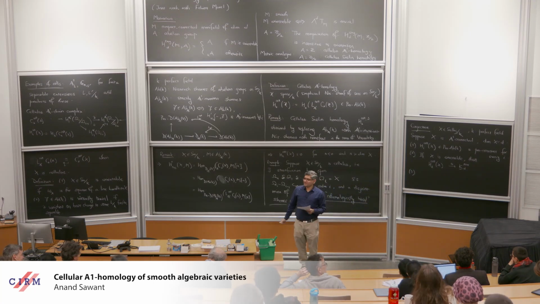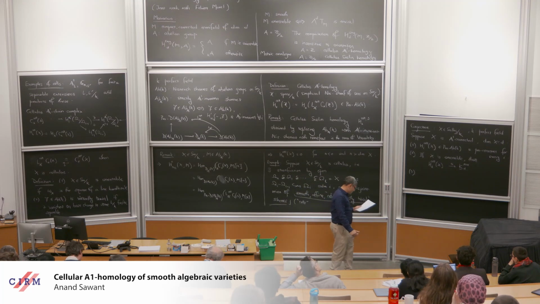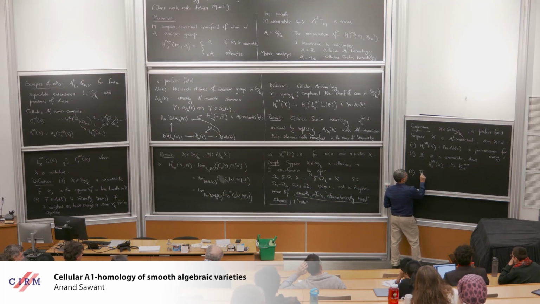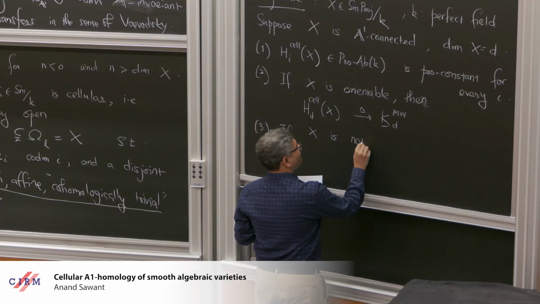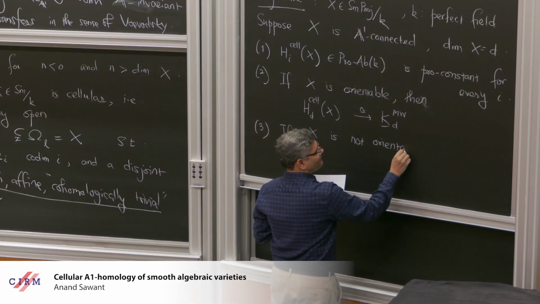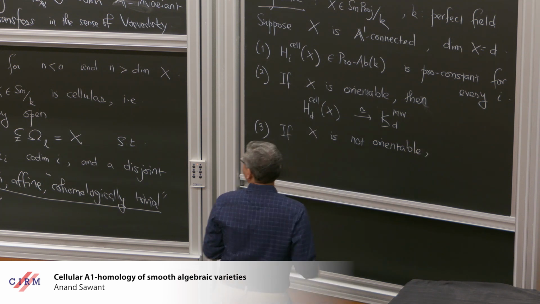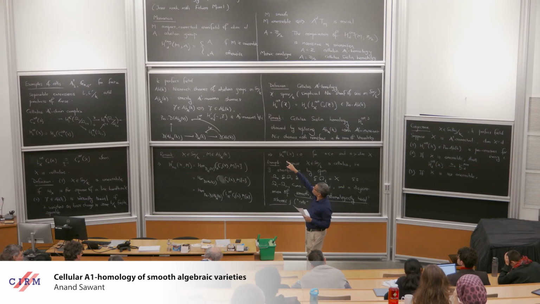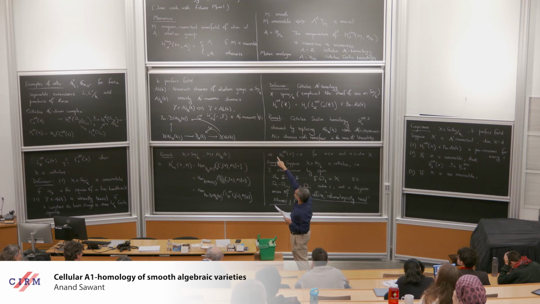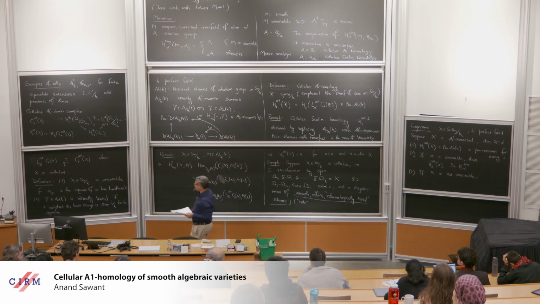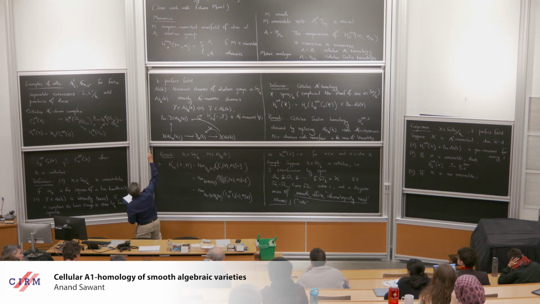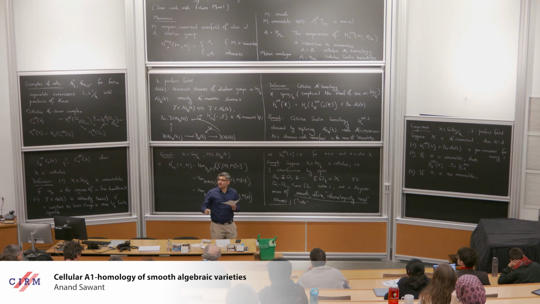So let me say what happens in the non-orientable case. If X is not orientable, then we want to say that the top cellular homology is, so that's why I wrote that version for an arbitrary abelian group, to indicate that it's 2-torsion. The analog of 2 will be eta in A1 homotopy theory, and I would like to say that the sheaf itself is eta torsion in Milnor-Witt K-theory, but that's not quite true.